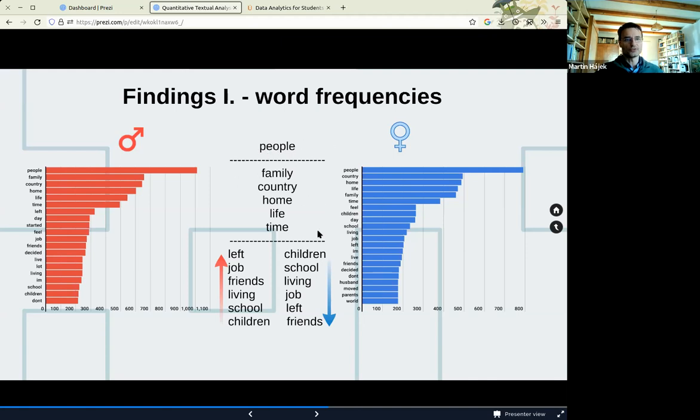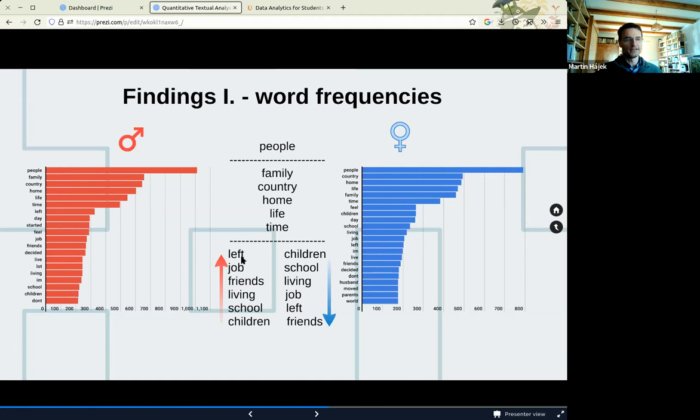Next, there is a group of frequent words: family, country, home, life, time, that is related to the migrant experience. And the rest is the research group, where there is a difference between the second group and the rest. Here as well there are similar words, but in different order.